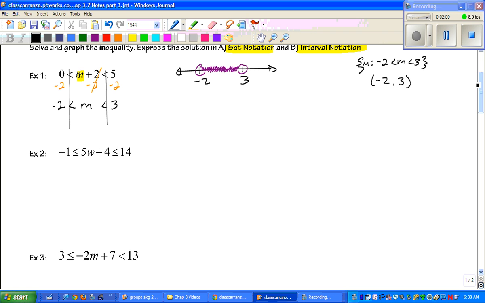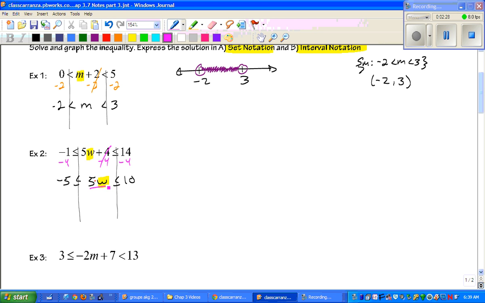Just a little bit more work for this one. So we're going to do the same thing where we draw the lines down the inequalities. There's our variable. Start by subtracting 4. We get negative 5 less than or equal to 5w less than or equal to 10. Now between the 5 and the w is multiplication, and the w is not by itself yet.